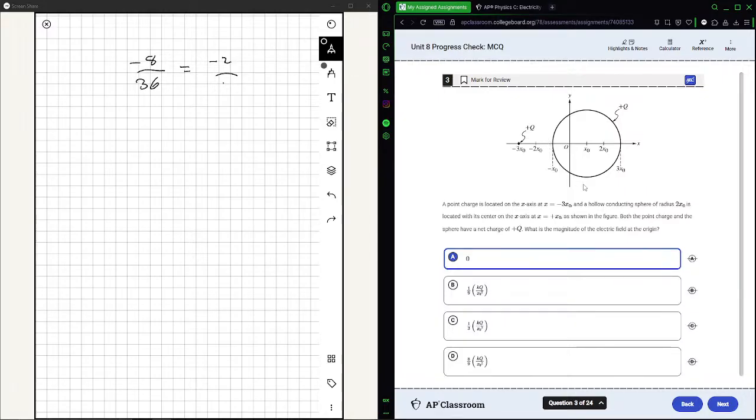Can it go through an insulating sphere? I guess theoretically yes, but that stuff's getting convoluted and I don't think they would put us through that. Fair. I really should have read the question better, but I would have got it eventually. If it was a free response, everyone would probably get it wrong, but if you notice that it's a hollow conducting sphere, you could instantly say 0. There's no math that has to be done for this question.